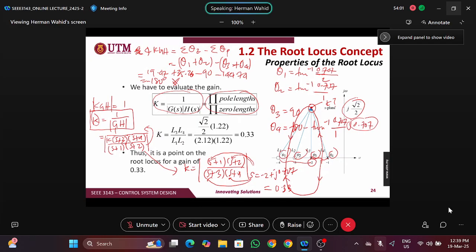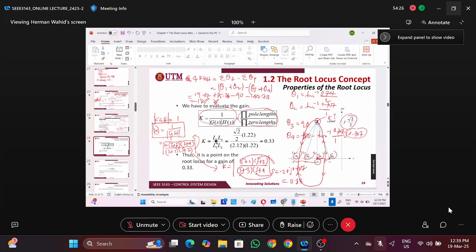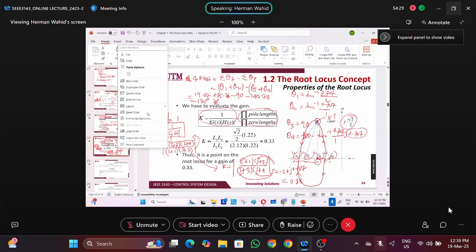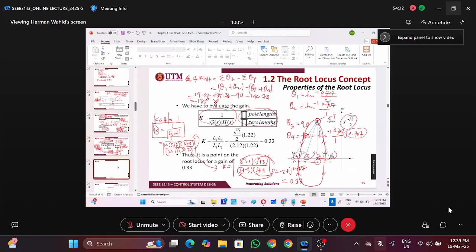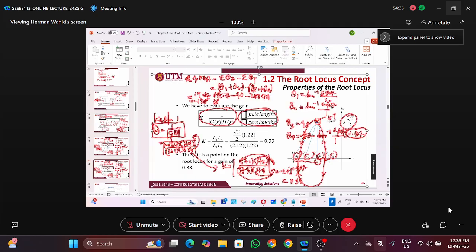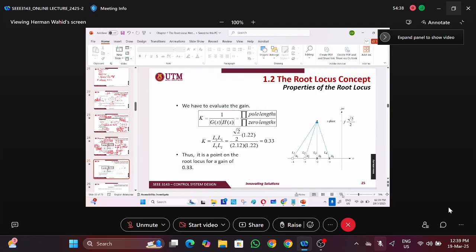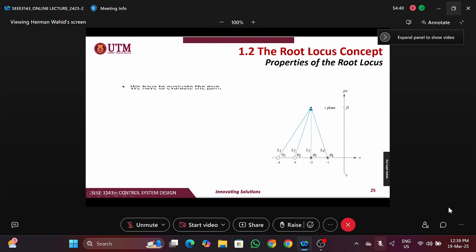The product of pole lengths divided by the product of zero lengths.